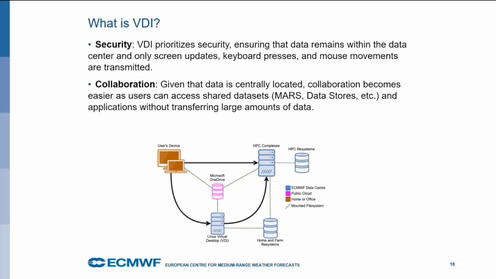This system prioritizes security, of course, as with anything that gives access. Security is always the main thing. The only thing that is transferred from your VDI system to the data center is just the screen updates. I think it's the same with all these remote desktop systems.